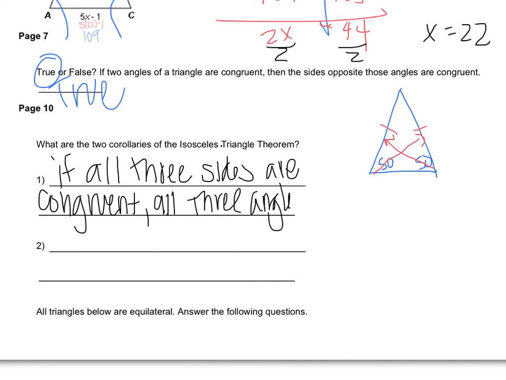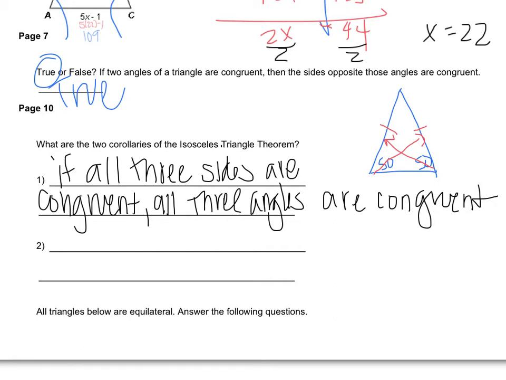So the original theorem said that if two sides are congruent, two angles are congruent. The corollary says that if three sides are congruent, all three angles are congruent. That's our first one. That's where we get equilateral and equiangular triangles from.